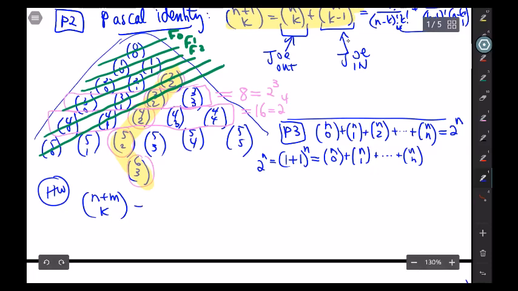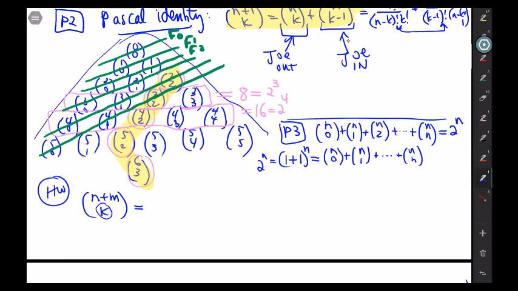So I won't even bother giving you guys the identity itself. You should be able to, by just the hint that I provided, n boys, m girls, and we want to choose k of them. So how can we do that?